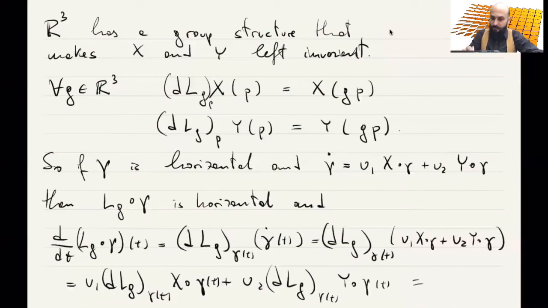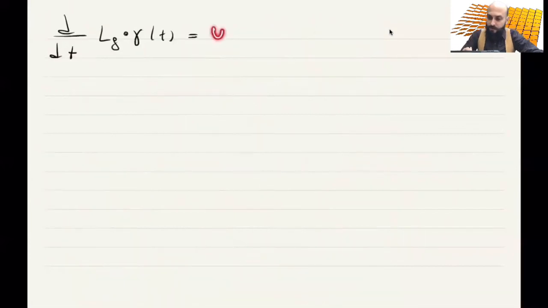So we're calculating the derivative of Lg composed with gamma at t. What we have now is u1 times the vector field at the point, which of course can only be at the point where the curve is.